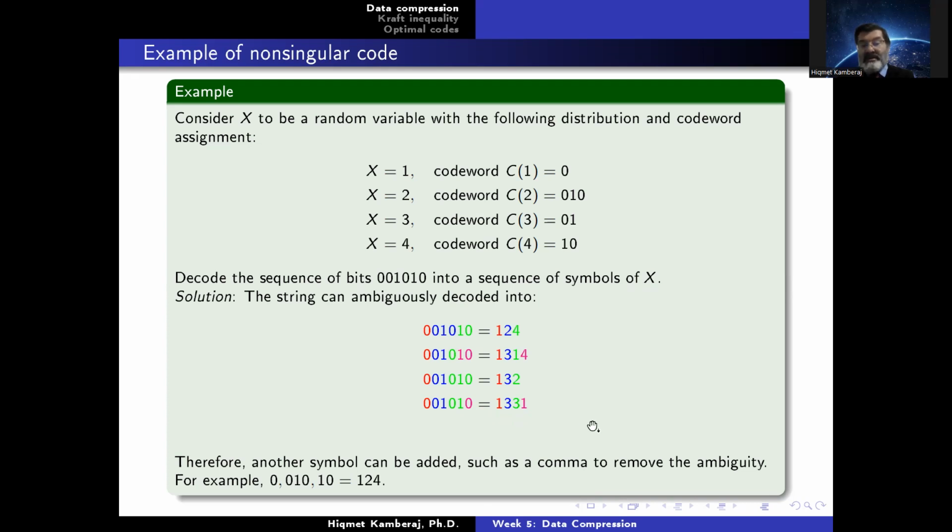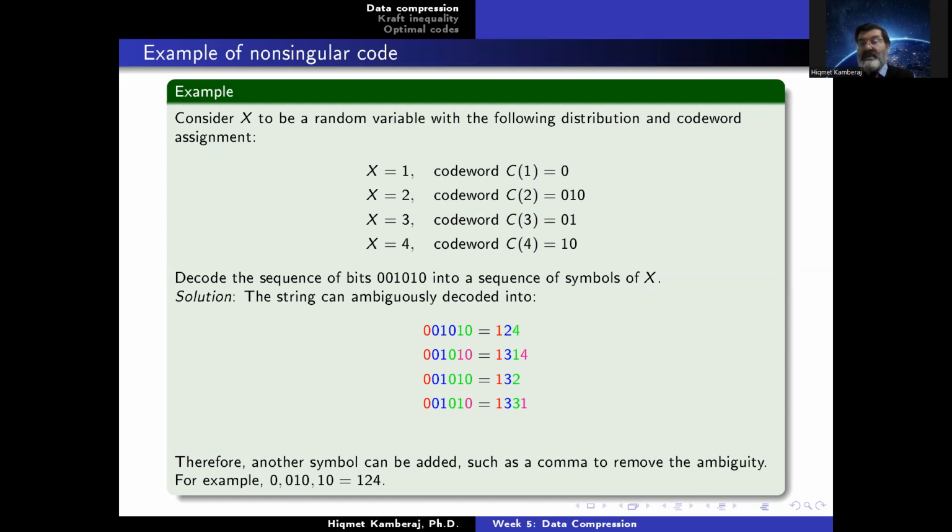So we can notice that there is an ambiguity in decoding the string of bits given above. It could have been any of these. Now, in practice, to avoid this when using non-singular coding, one can add an extra character, for example a comma, and this may remove the ambiguity.